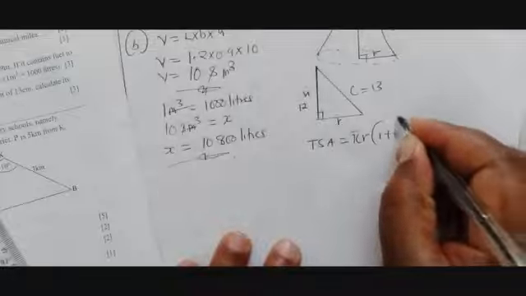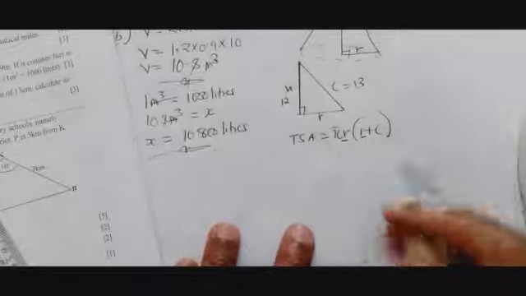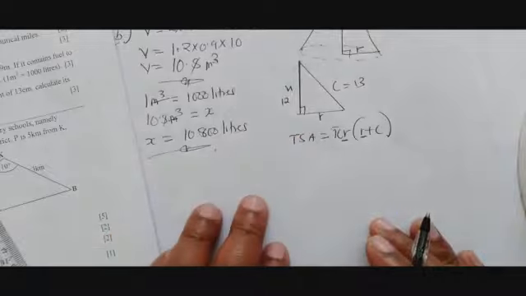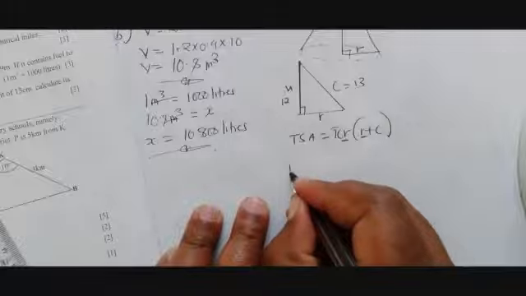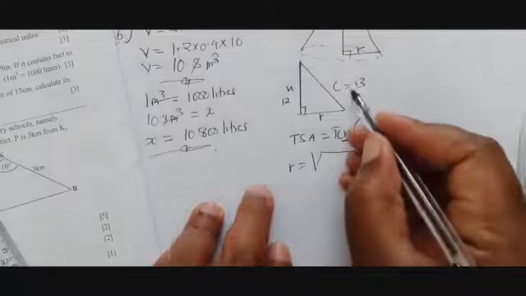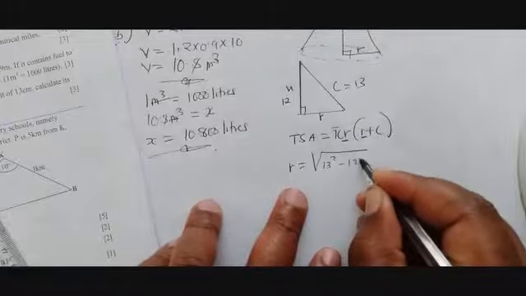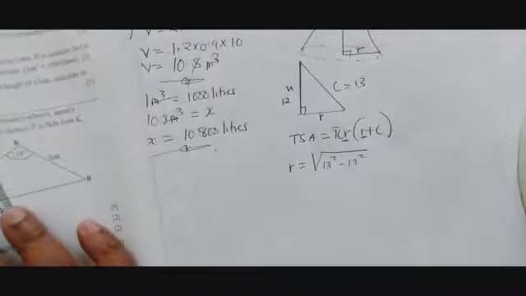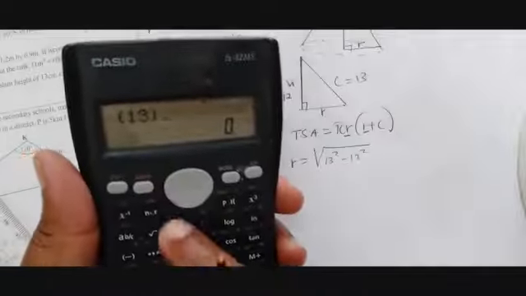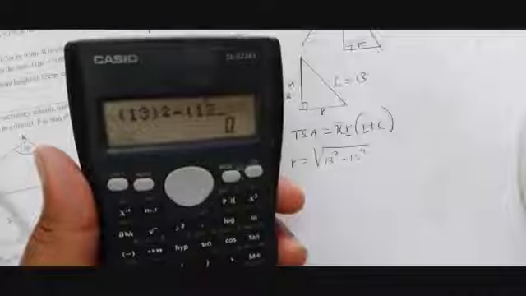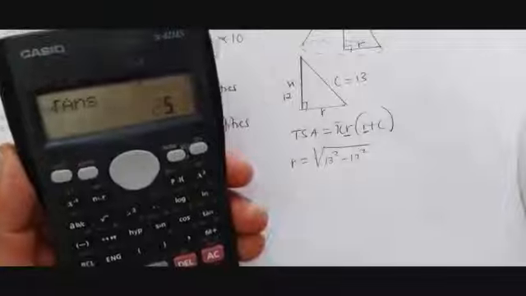L. So you realize that in this formula you need to find the radius. How do you find that? If you use Pythagoras theorem, you are going to find r by saying the square root of 13 squared minus 12 squared. What is 13 squared minus 12 squared? 25. So find its square root.